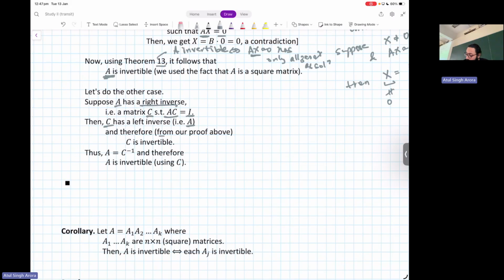And so from our proof above, we can conclude that C itself has to be invertible, because C has a left inverse. So we can write C inverse, a well-defined object, and if you multiply on both sides on the left by C inverse, then we get A equals C inverse. And what does that tell us? That tells us that A itself is invertible using C. Is that clear?